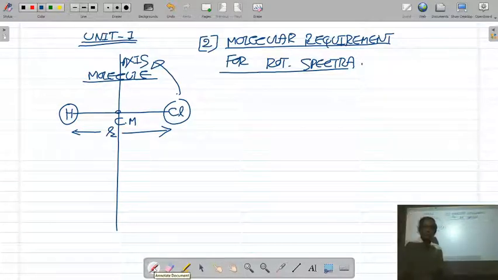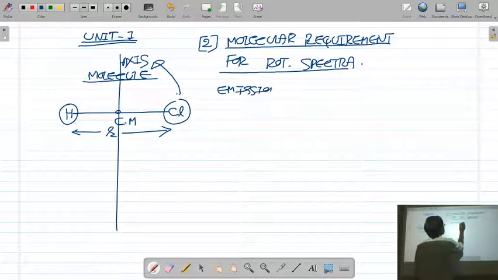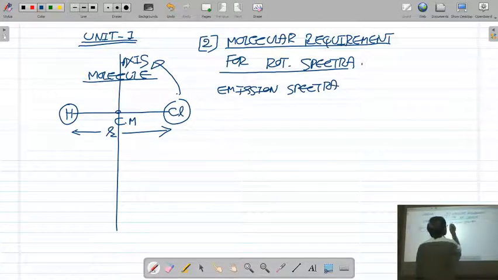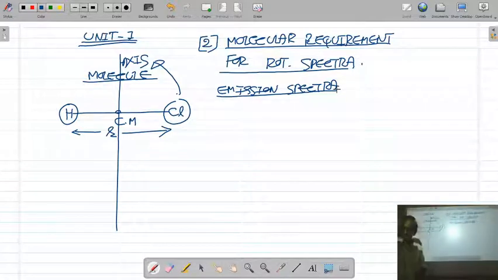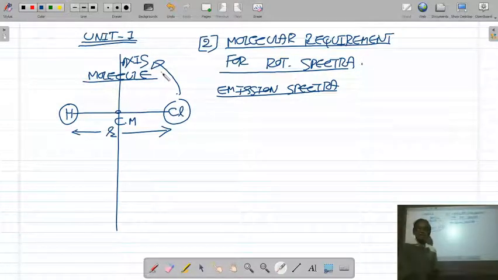Now there are two types of rotational spectra: emission spectra and absorption spectra. According to classical electrodynamics, when the molecule is rotating, its dipole moment in a fixed direction is continuously changing.